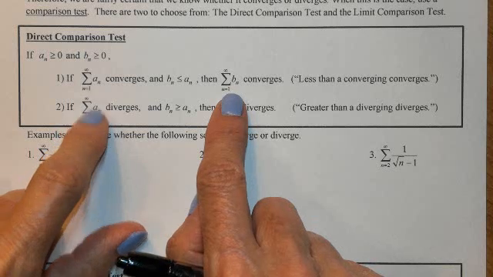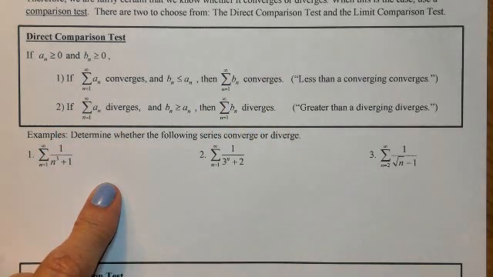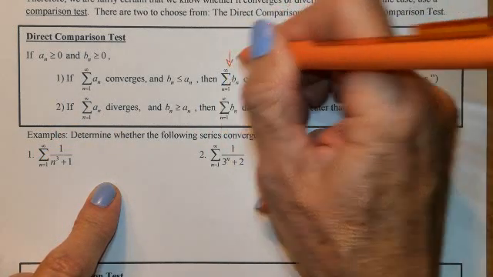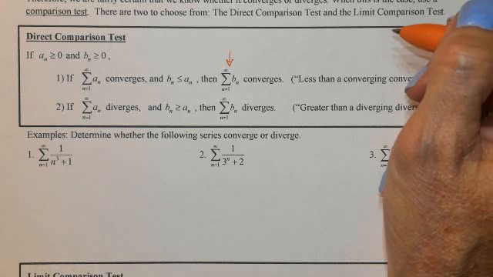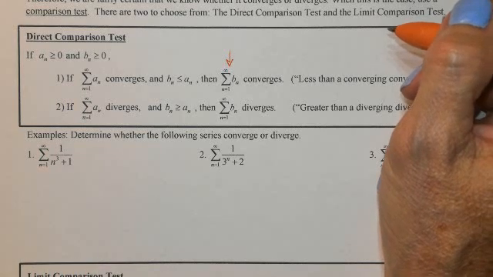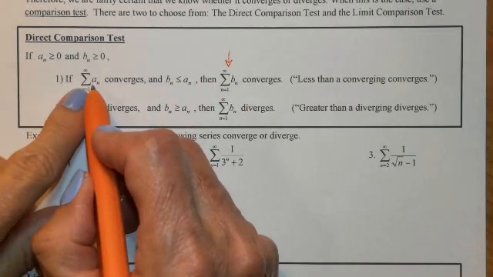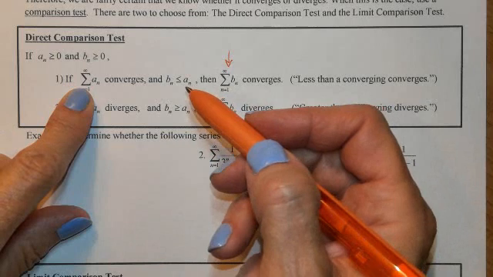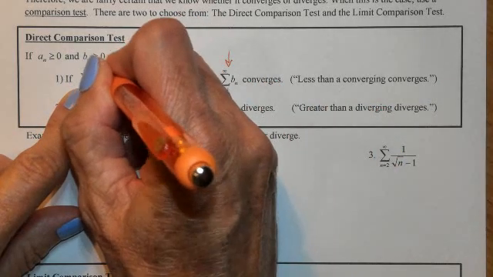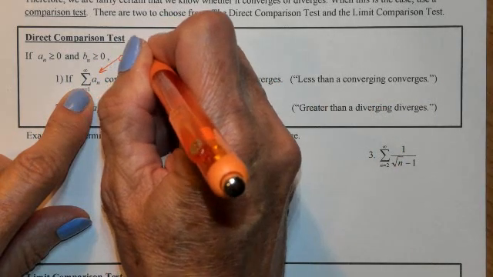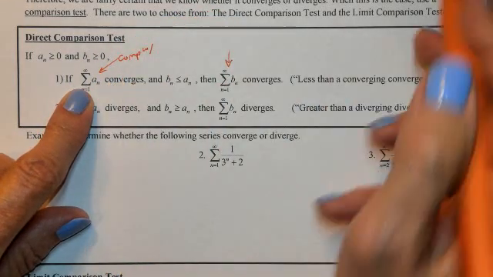This is the one that you're given in the problem, okay? The B sub n is what you're trying to find out. Does it converge or diverge? A sub n is what you're comparing it with. All right?